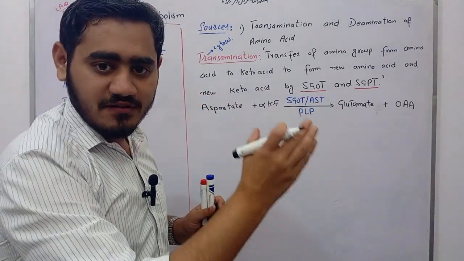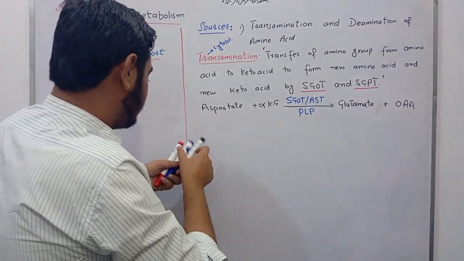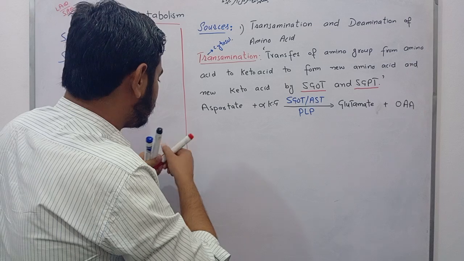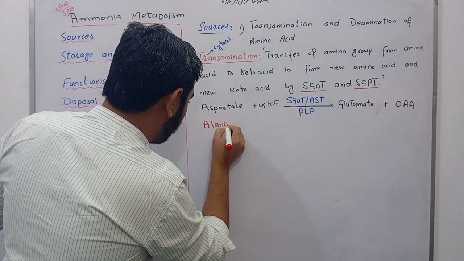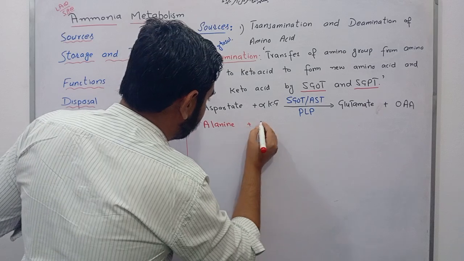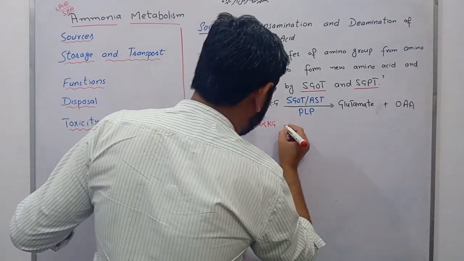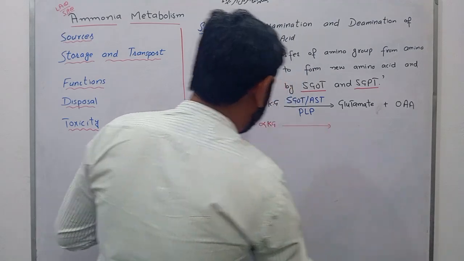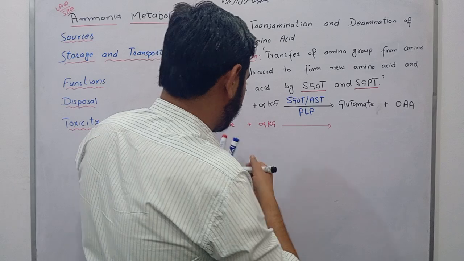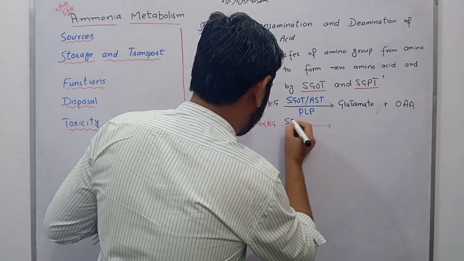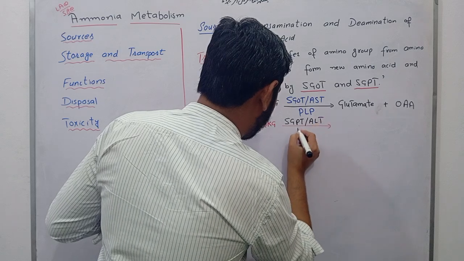that is pyridoxal phosphate. Let's see another example, that is alanine and alpha ketoglutarate with the help of SGPT enzyme or alanine transaminase enzyme.